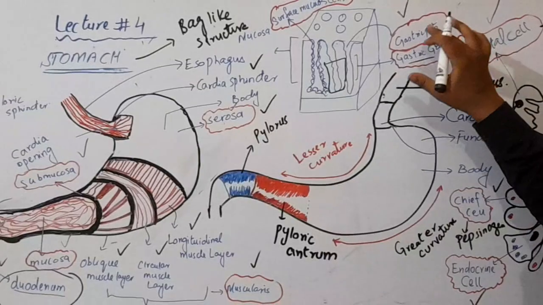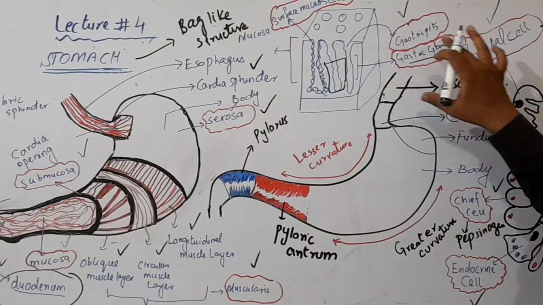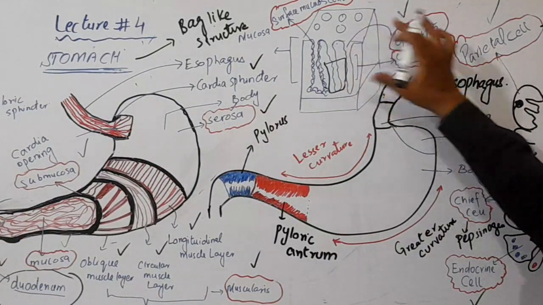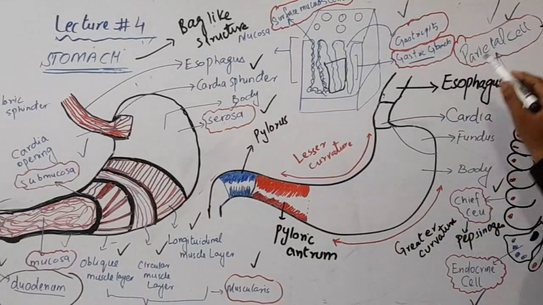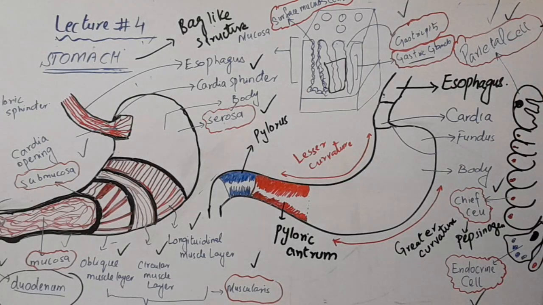Clearly, all of these structures we have discussed today. Structures like parietal cells, chief cells, and endocrine cells play a key role in the process of partial digestion of protein, because parietal cells produce HCl.